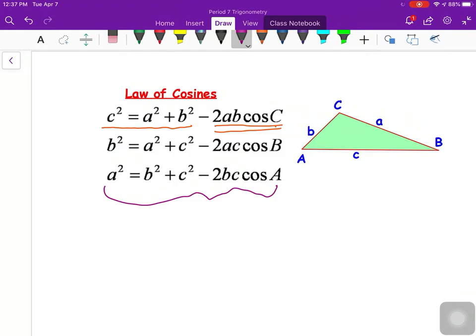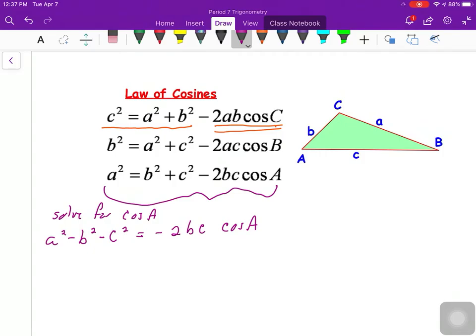If you are looking for an angle using the law of cosines, I tend to take the equation and rearrange it so that it's solved for the cosine of the angle. For example, if I'm going to solve this bottom one for the cosine of A, the first thing I would do is subtract the b squared and c squared.